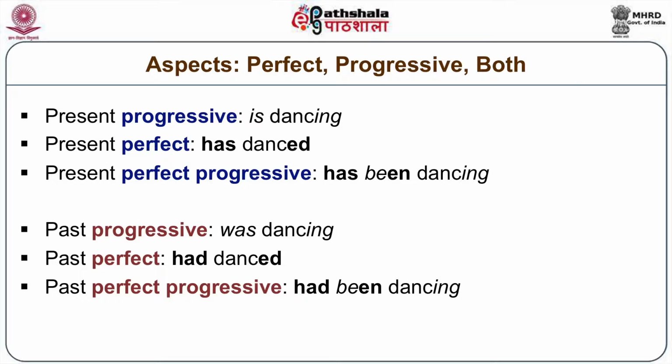You were also taught that these perfect and progressive type concepts apply both to the present tense and to the past tense. Past indefinite, John laughed. Past progressive, John was laughing. Past perfect, John had laughed. And past perfect progressive, John had been laughing.